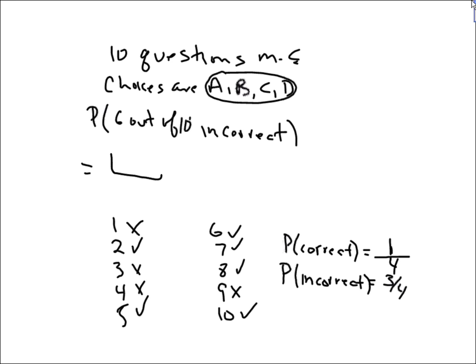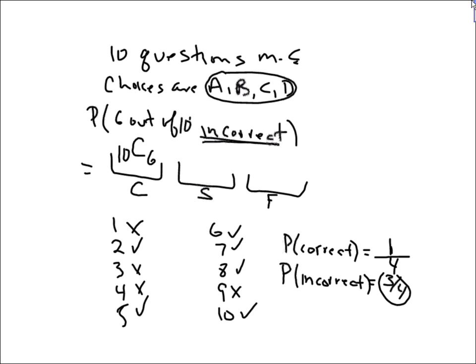So there's 3 pieces: the combination portion, success, and the failure. Combination. From the 10 questions, you want to pick 6 to be right. Now, success is incorrect. The probability you're incorrect is 3/4, and we want 6 of them to be incorrect.